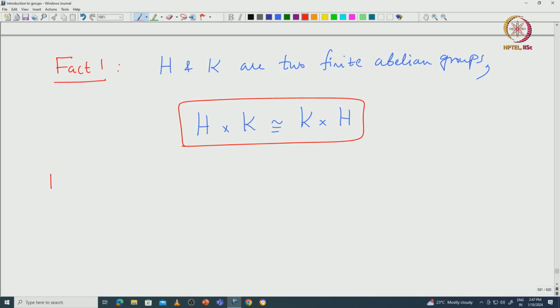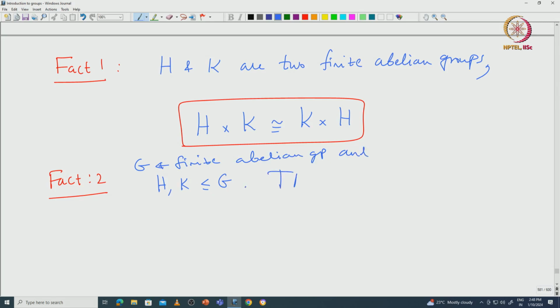So now let's state the second fact. This is something about general group theory. If H and K both are subgroups of G, again assume G is a finite abelian group, then the following are equivalent.